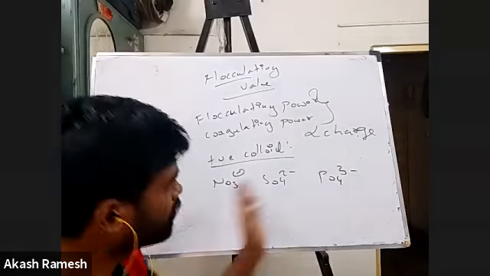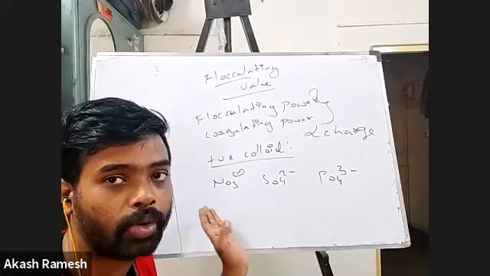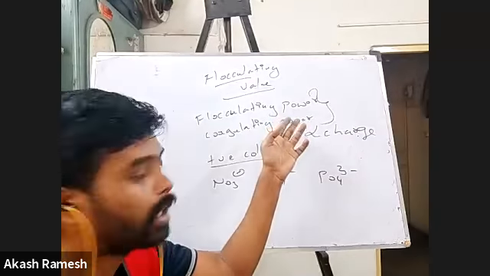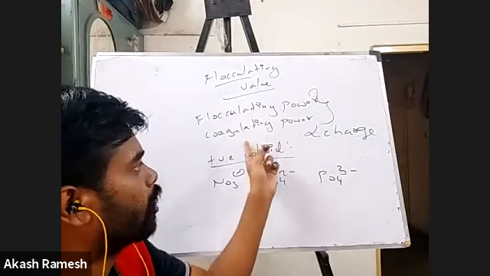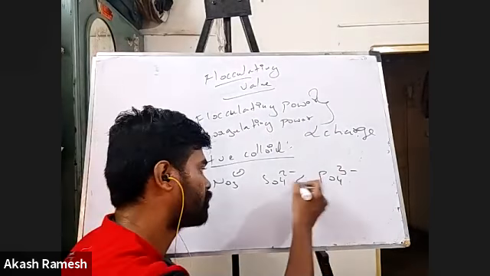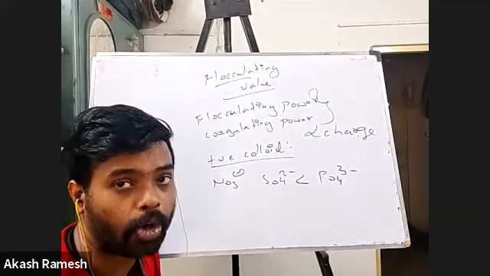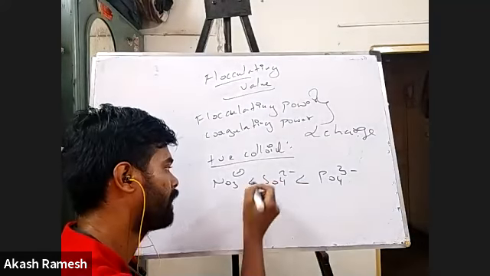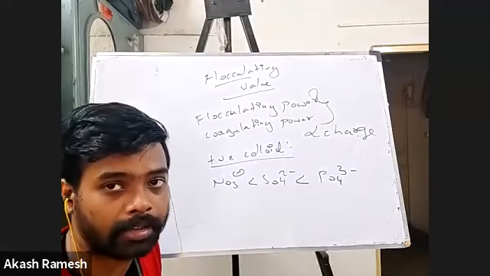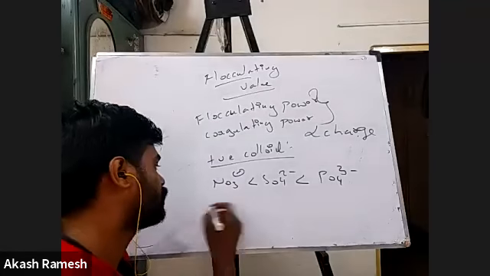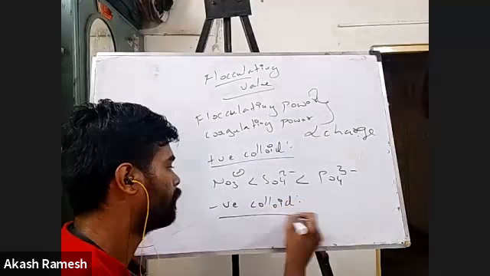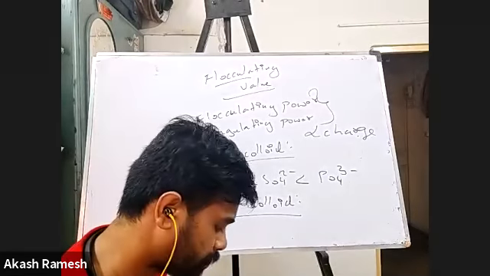Among these, if I want to compare the coagulating powers, I already told you that it is directly proportional to the charge. So PO4 3 minus will have more coagulating power than SO4 2 minus, and SO4 2 minus will have more coagulating power than NO3 minus. And lastly, when I have a negative colloid, you need to use an electrolyte which will give a positive charge.